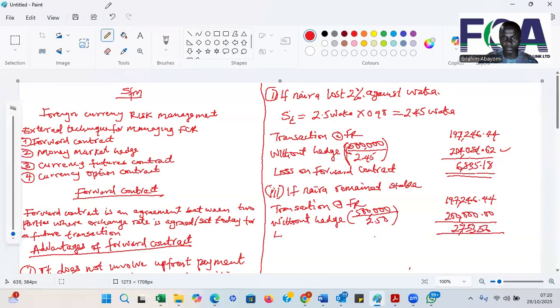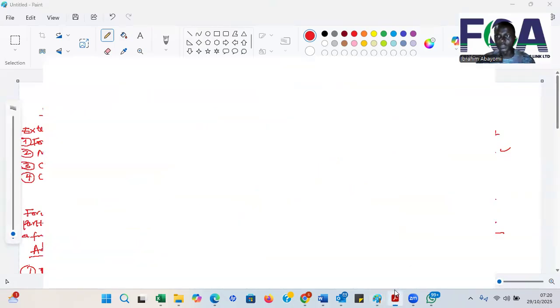That's a loss on the forward contract. So these are the three scenarios given by the examiner in this question.